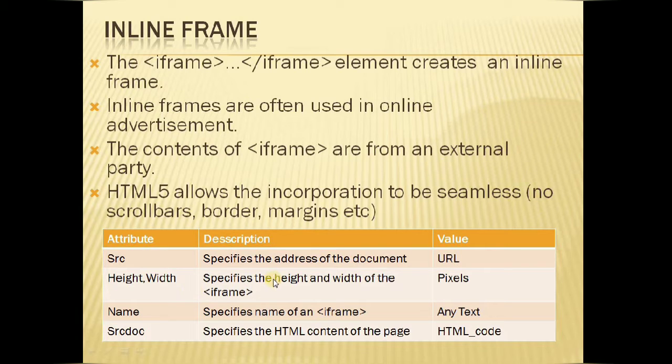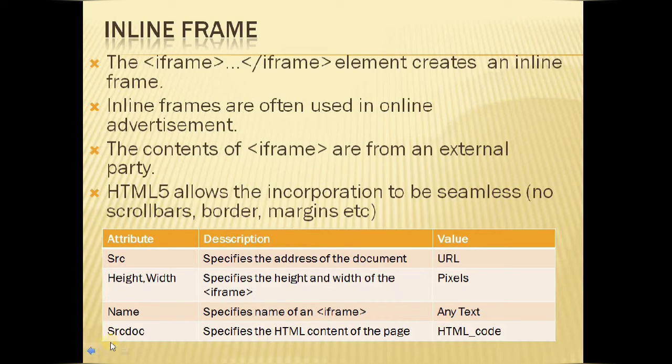Height and width are used to specify the size of your inline frame. The value is given in pixels. Name specifies the name of an iframe. It's just a name that you want to assign to your frame, so this value can be any particular text.